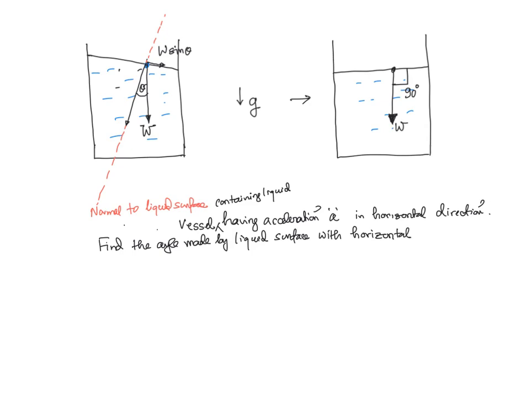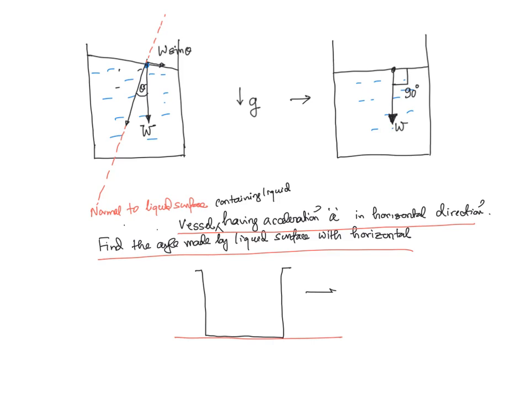So the thing is like this. There is a vessel. This vessel is having an acceleration in the horizontal direction.